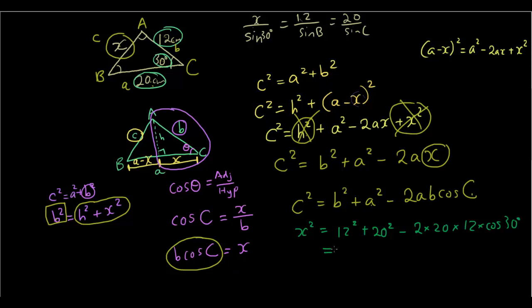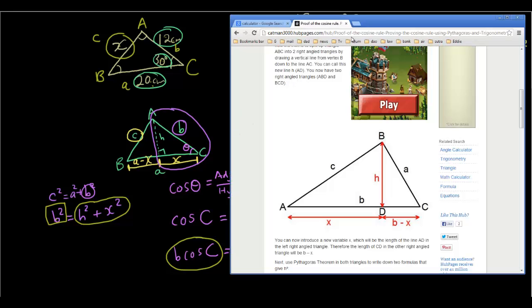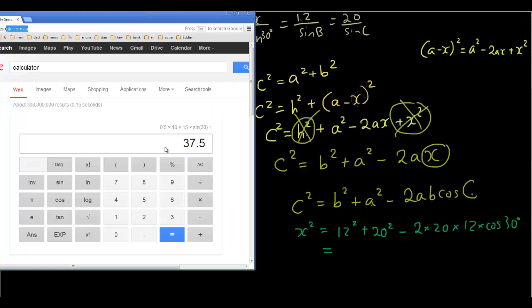Putting all that into the Google calculator, making sure it's on degrees mode: 12 squared plus 20 squared minus 2 times 20 times 12 times cosine 30. And the answer is 128.3.